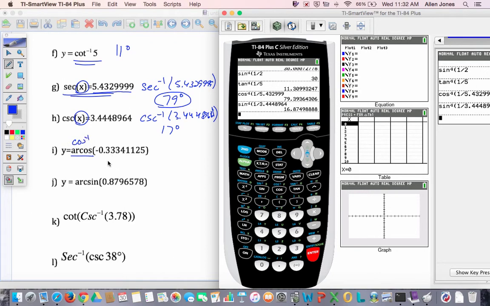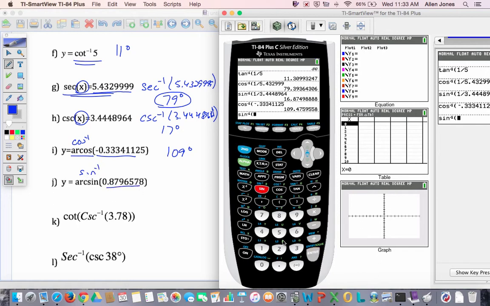Moving on to letter I, arc cosine. Remember, arc cosine is the same thing as inverse cosine. So inverse cosine of -0.3333 was written with an inverse. This is our ratio, so I just type that in straight as I have it written. -0.33341125, and that gets me about 109 degrees.